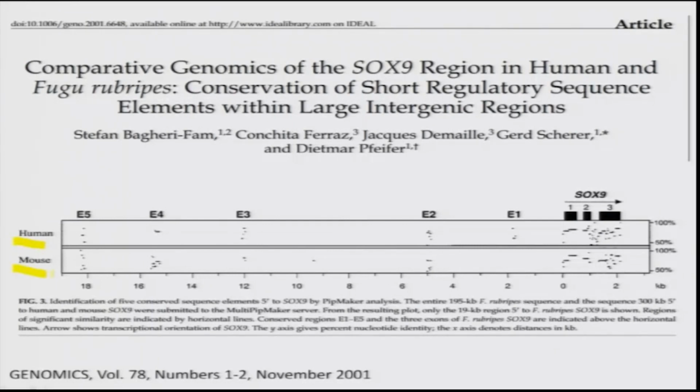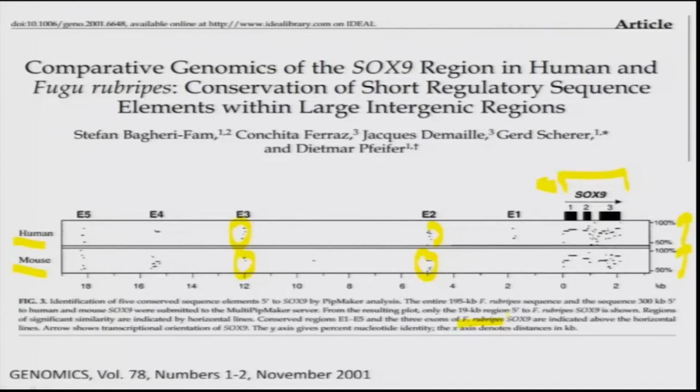This is the SOX9 gene, exon 1, 2, 3, and possibly this is where the upstream regions are, and you can see that this is 50 to 100% similarity, and you can see that there are segments that are highly conserved. This is the human and mouse sequence compared with puffer fish, a fish which again has the SOX9 gene and is separated by millions of years from the mammalian species.